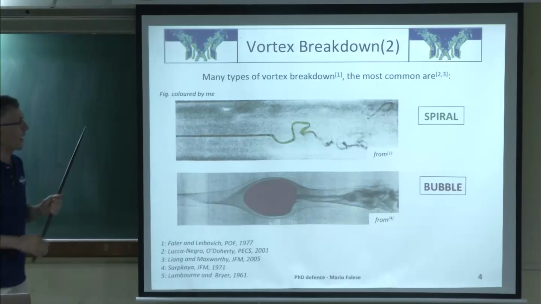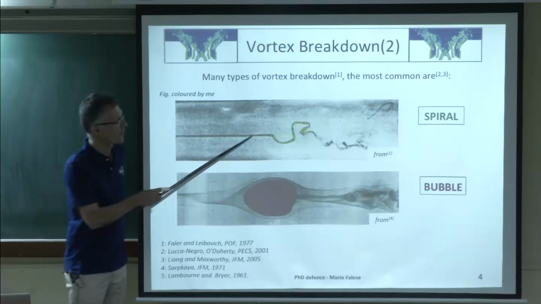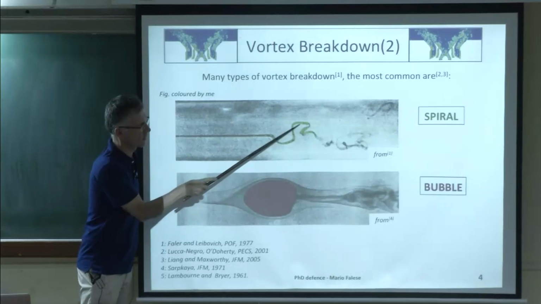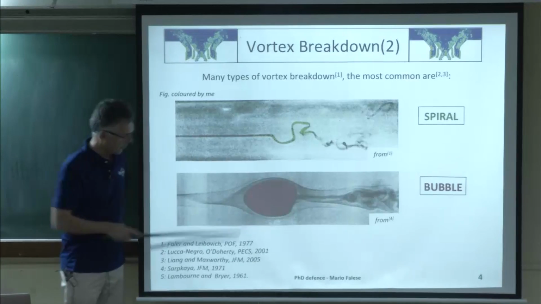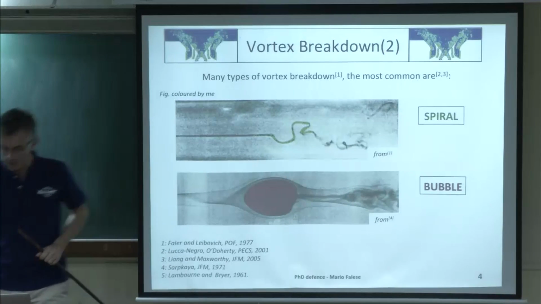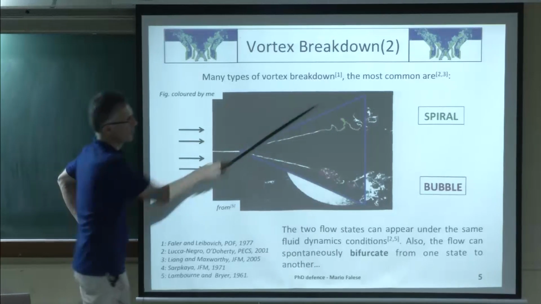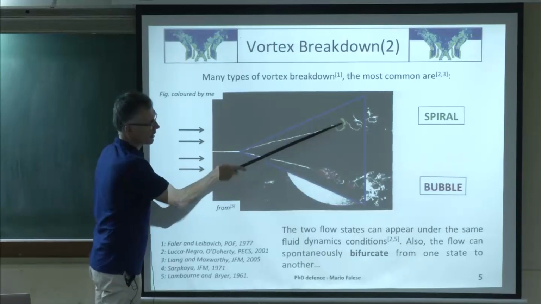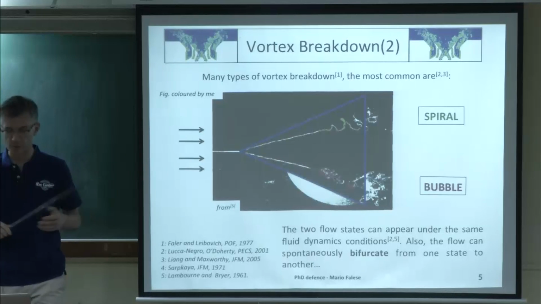One of the things which may happen if you go into this region where the swirl is large is that you can have the spiral mode, where this is the visualization of the axis of the vortex. Or you can also have the bubble mode. And interestingly, you can have both, for example, on the same wing. This is a V-shaped wing, the flow is coming from that side. On this side of the wing, you can have the spiral mode, and on the other side, you will have the bubble mode, and there are bifurcations between the two.